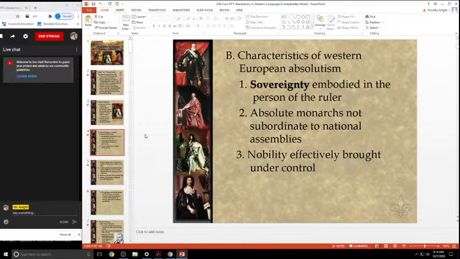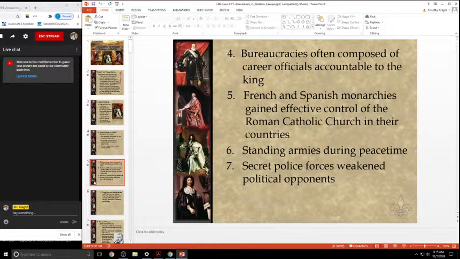All it means, though, basically, is that the king's power is absolute and that they believe in this thing called divine right, which means that they believe that God gave the king the power to rule and that thus no one should check the king's power. And then also another characteristic of Western European absolutism is that the nobility in Western Europe was effectively brought under control at this time.